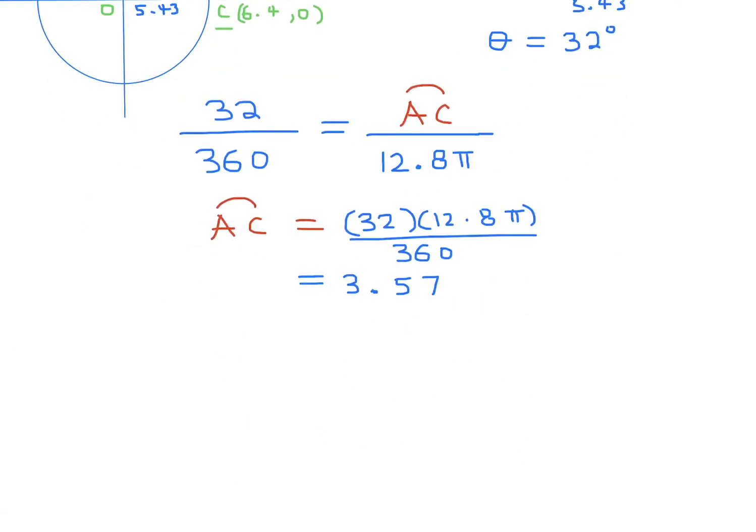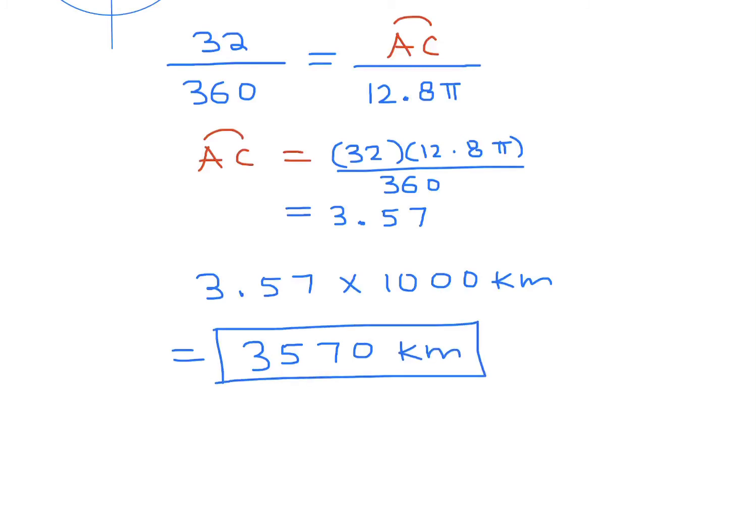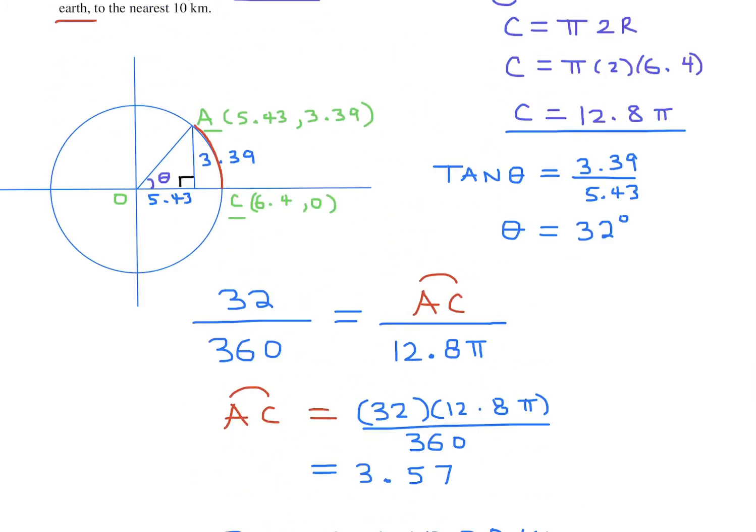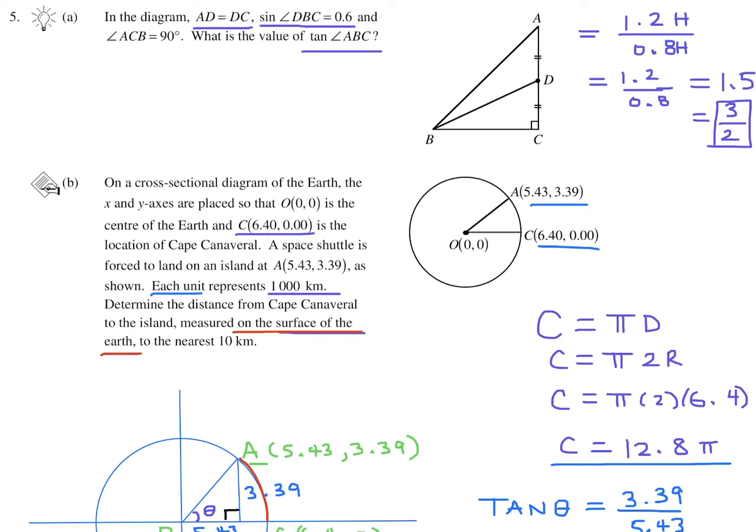So we have to multiply this by 1,000 kilometers. So 3.57 times 1,000 kilometers, and this becomes 3,570 kilometers. And that is the answer that they are looking for. So that takes care of number 5.